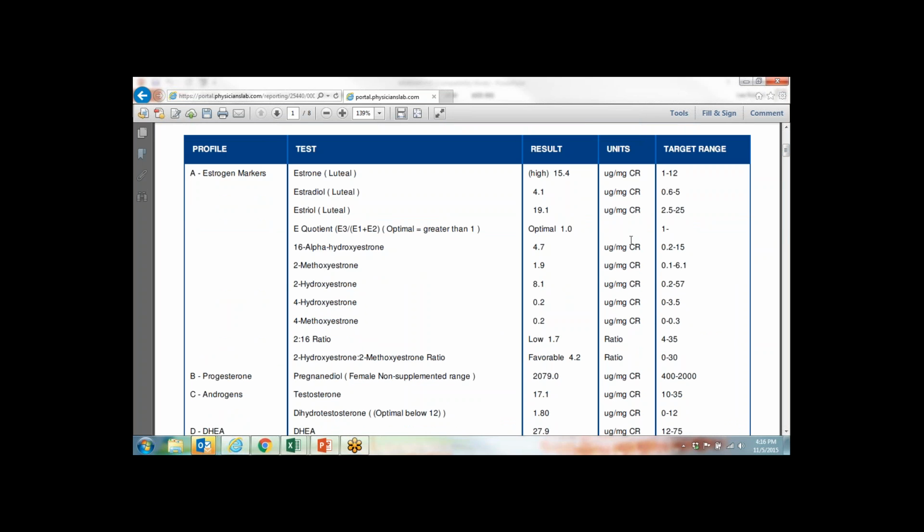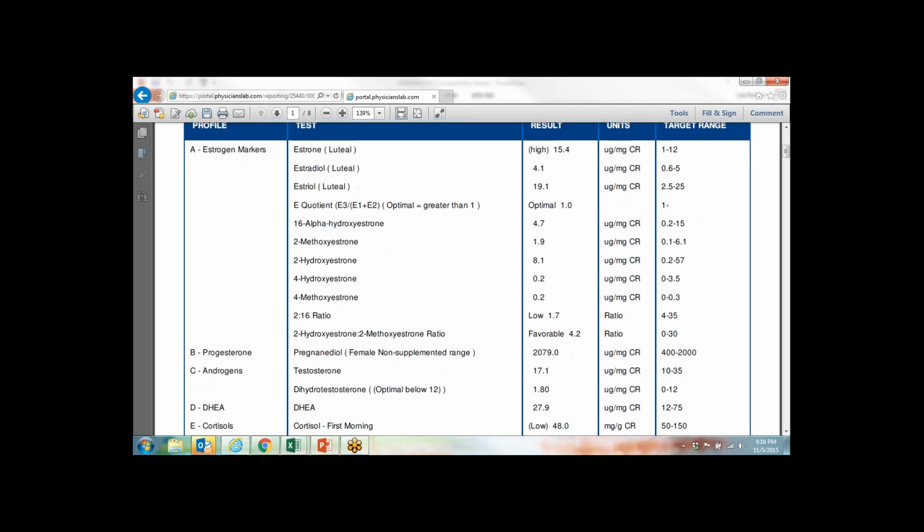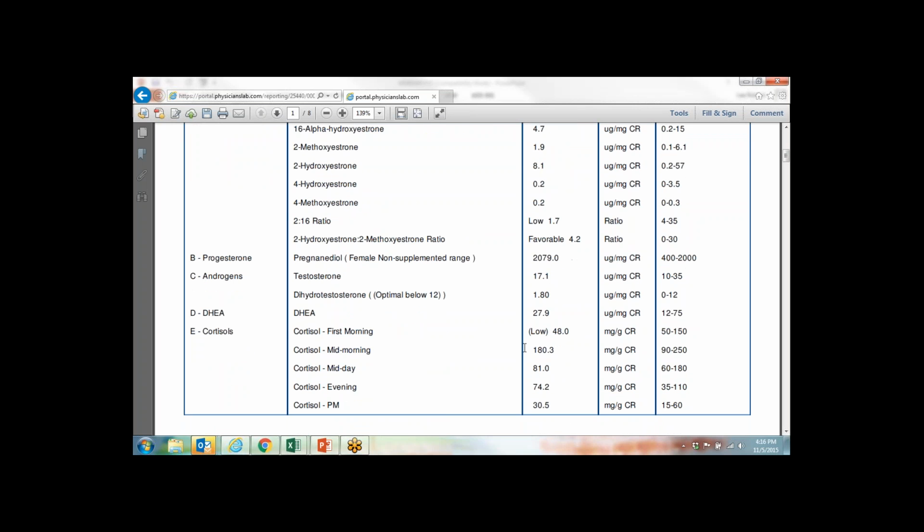We relate all our results to creatinine clearance, and that is how we get away with having the patient collect 5 small samples throughout the day as opposed to a 24-hour jug. 24-hour jugs are very inconvenient for the patient and do not allow for us to get the 5-point cortisol throughout the day. That's really indicating adrenal function and how the adrenals are reacting to waking and stress throughout the day.